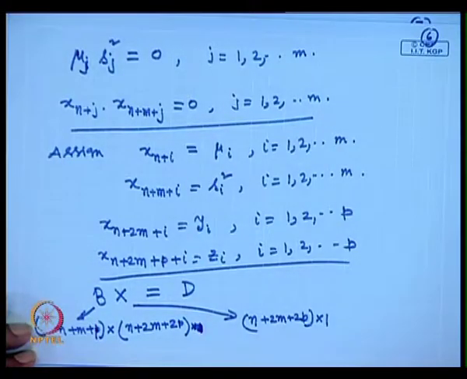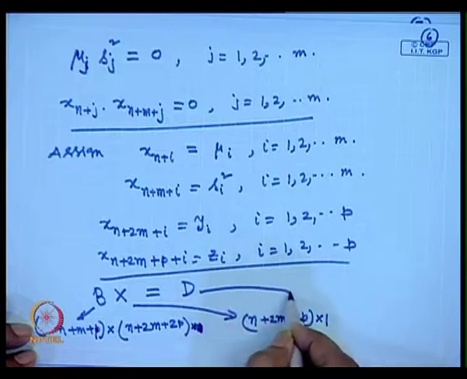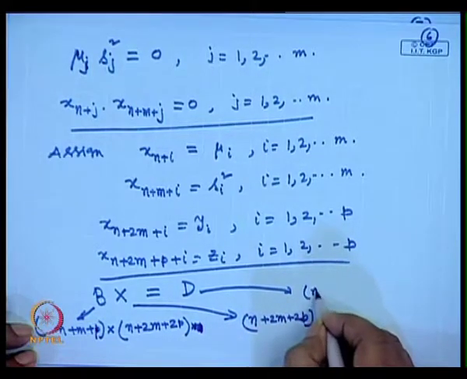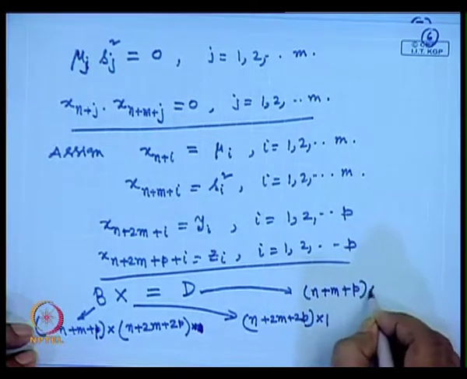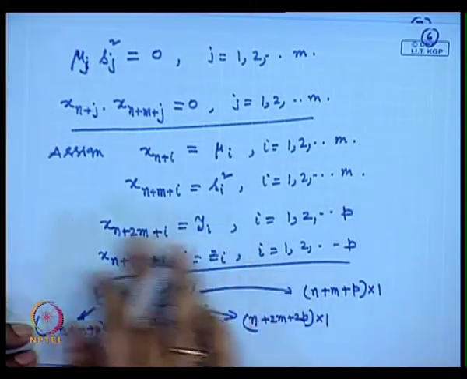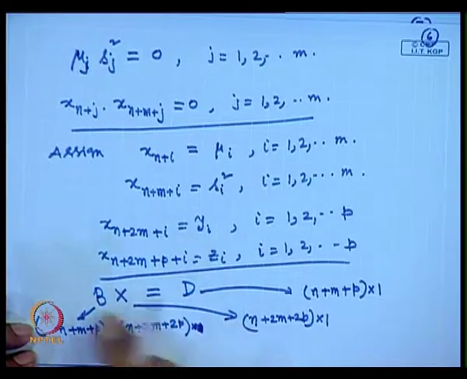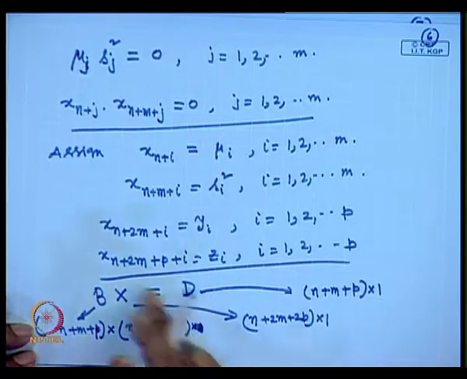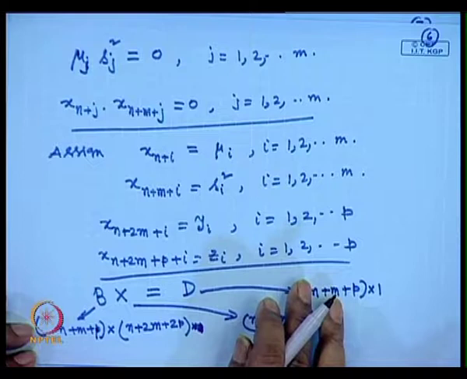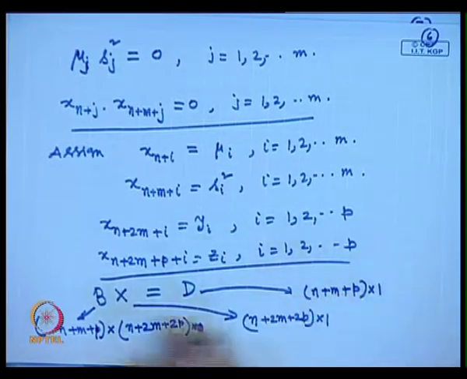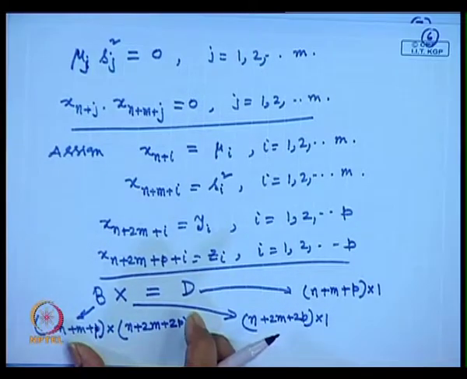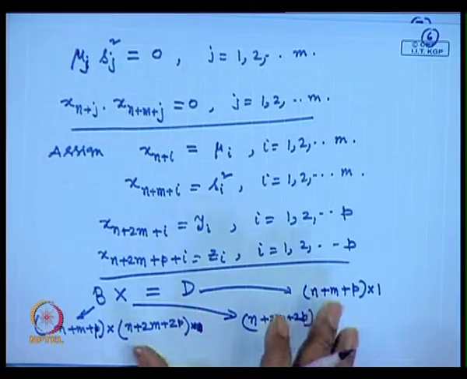Okay. So, what is our d? The d dimension is n plus m plus p cross 1, and we have to make Bx equal to d in such a way that the right hand side is a positive quantity. Okay. So, now how to solve this one using the simplex method.